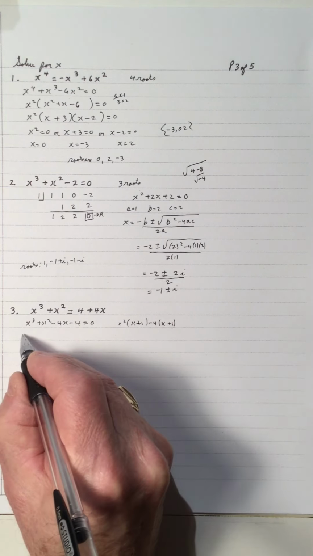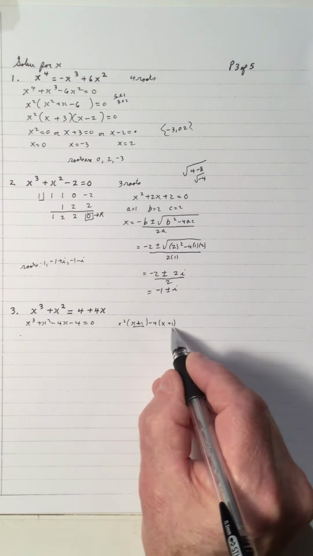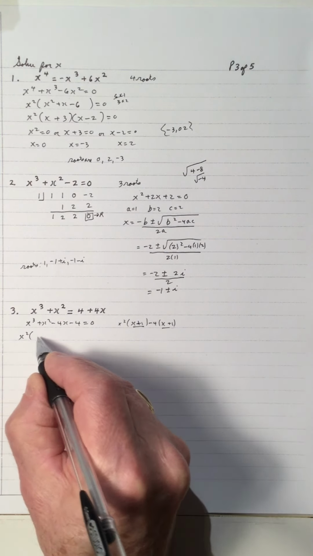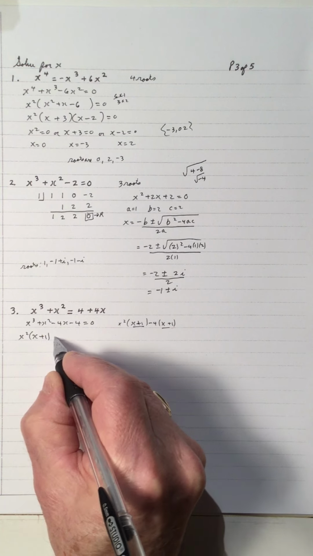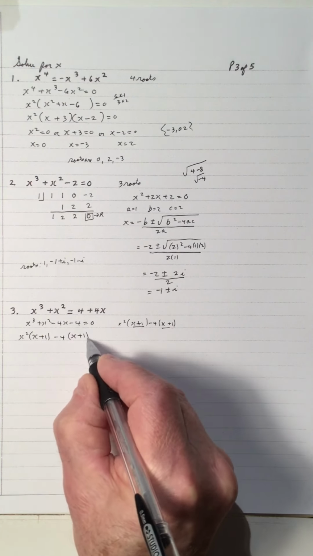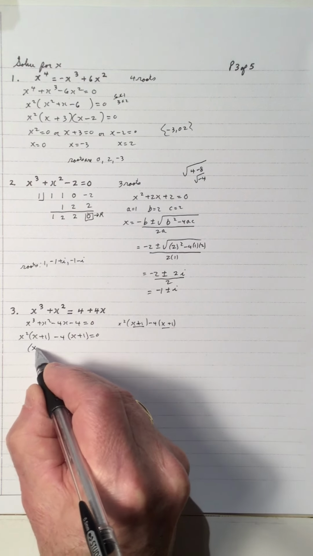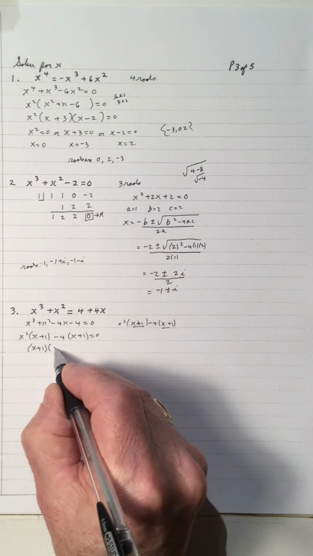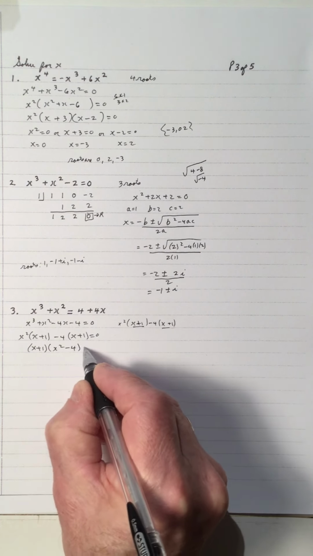So because this binomial is the same as this one, we can do grouping. So x squared, x plus 1, minus 4, x plus 1. The common binomial is x plus 1, so we get x plus 1 times x squared minus 4.